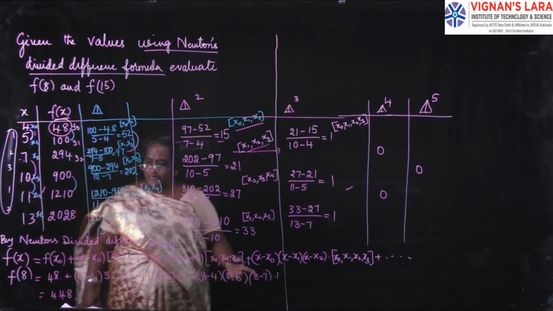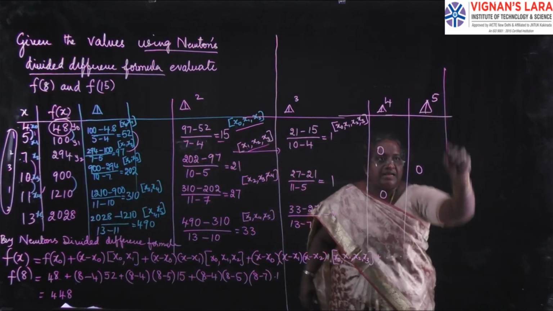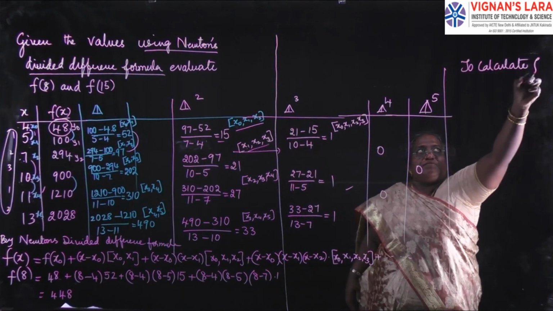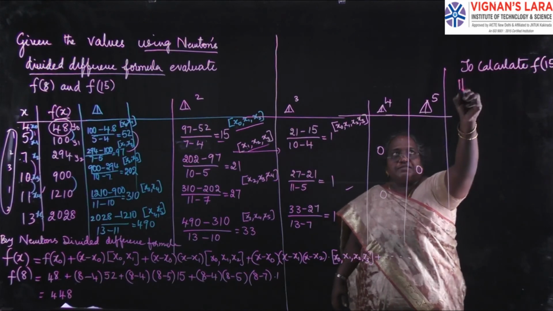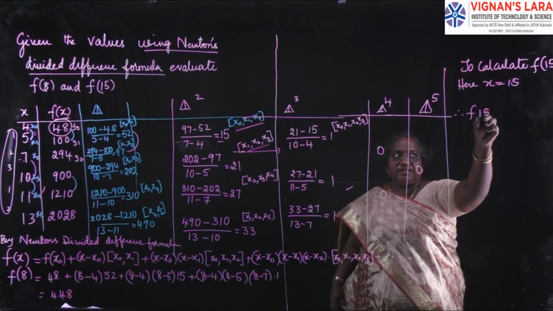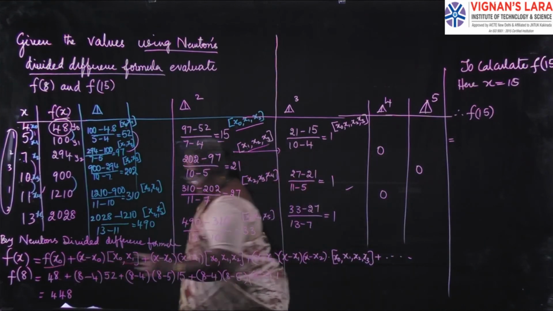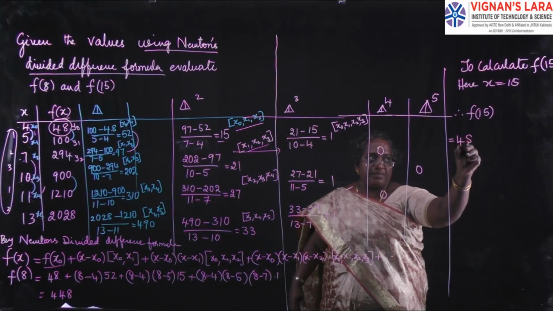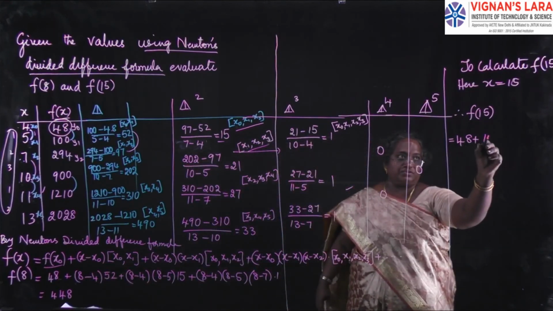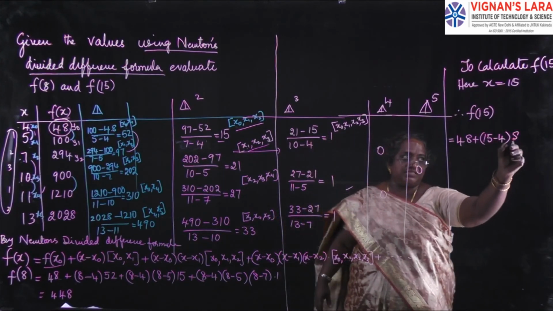Similarly, now we have to calculate f of 15. Here x is equal to 15 this time. Therefore f of 15 is, with the same formula, f of x0, which is 48, plus, this time instead of 8 we write 15: (15 minus 4) into the same first divided difference 52.